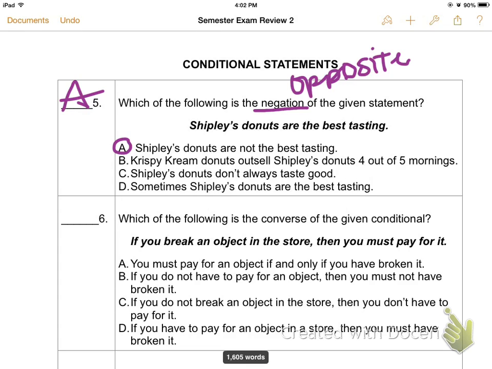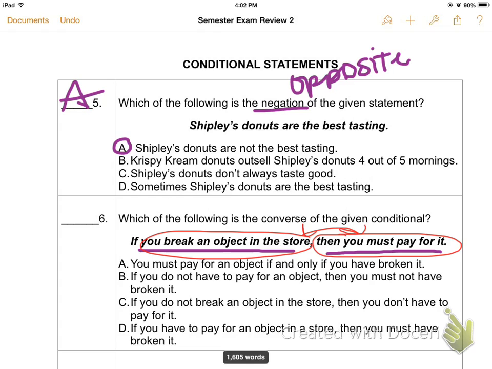Okay, number 6. Which of the following is the converse of the given conditional? So if you remember, converse is where you have 2 different sections of your conditional statement, and you switch them. So this part is going to go in the back, and this back part is going in the front. So if you have to pay for an object in a store, then you must have broken the object.